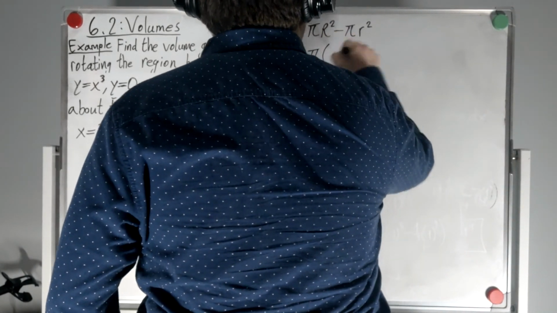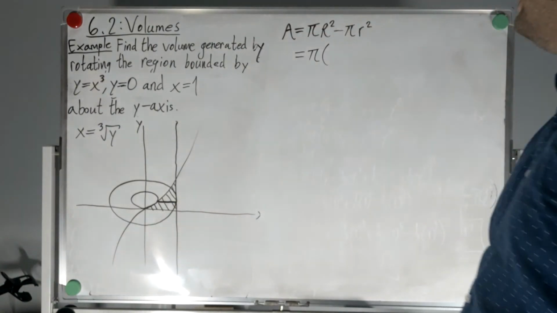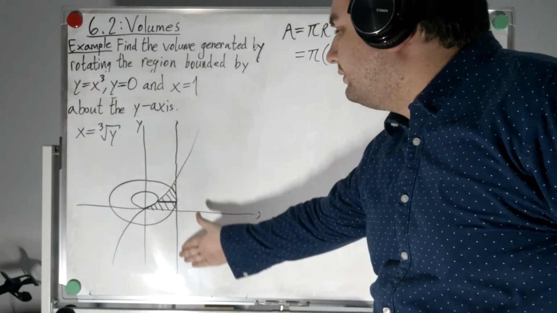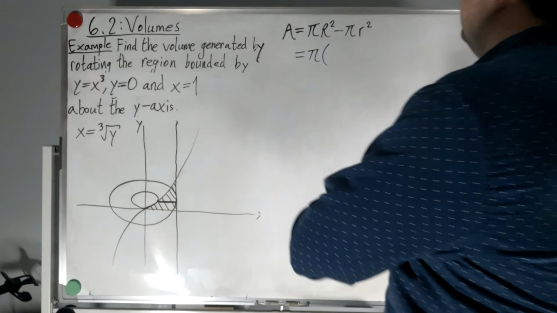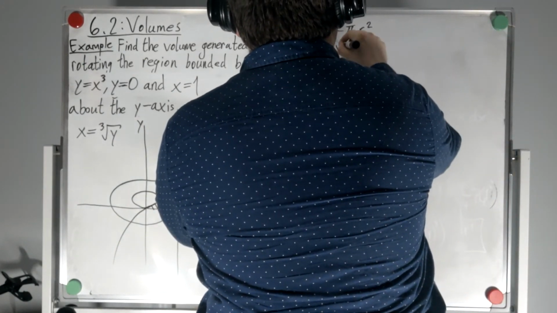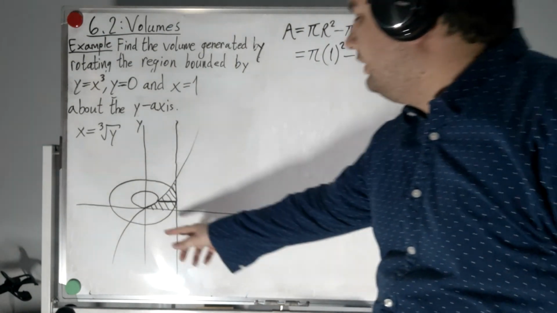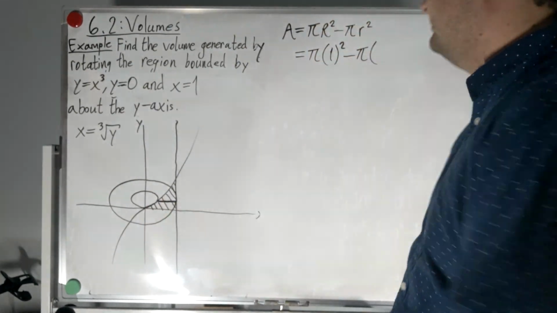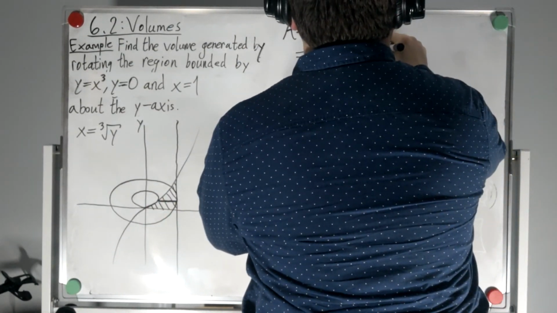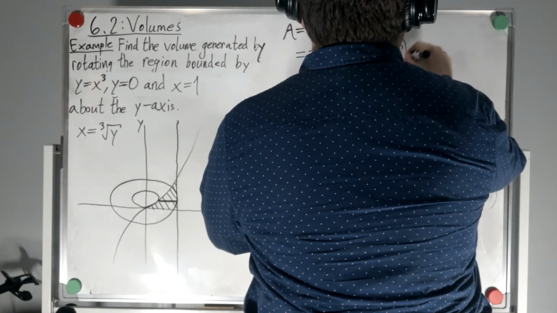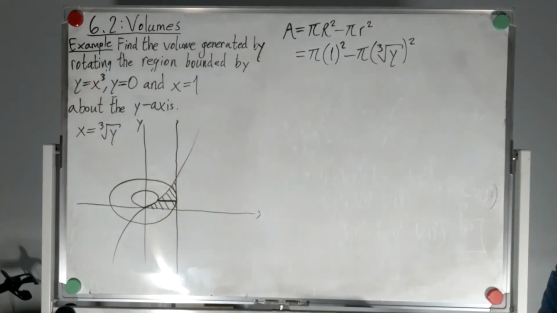So, this is pi times, let's see, outer radius is going to be x equals 1. Inner radius is going to be the cube root of y. And so we're working with something like that.